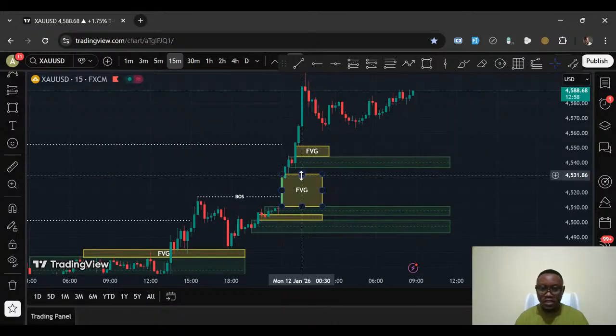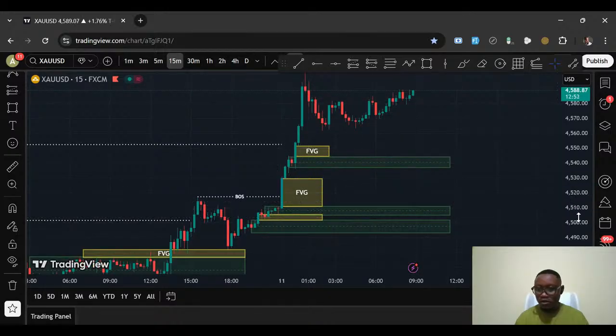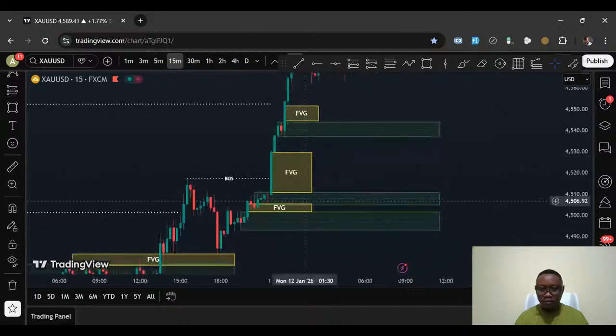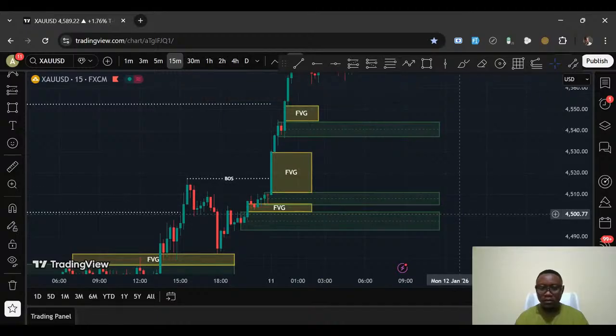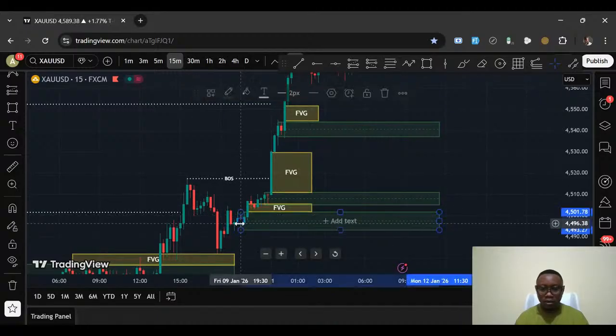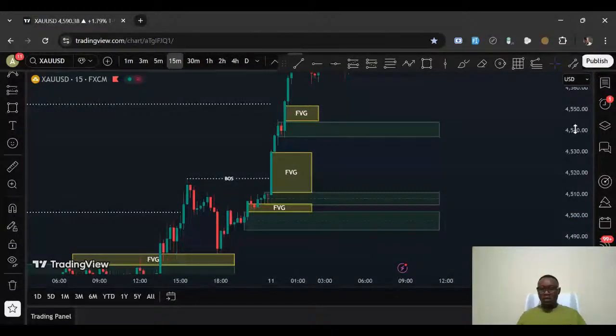Okay, and for this rare zone, this is our order block zone. Okay. So this is it. All right.